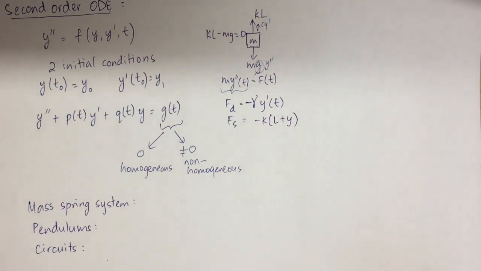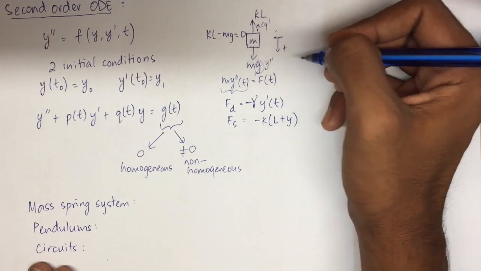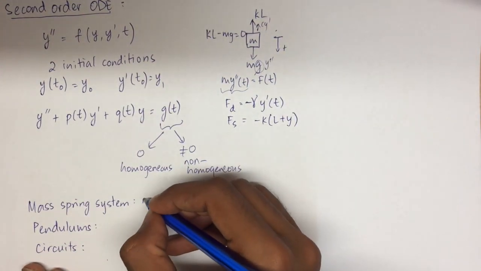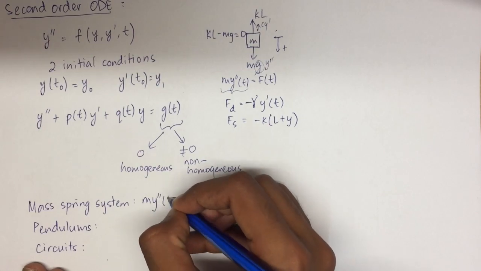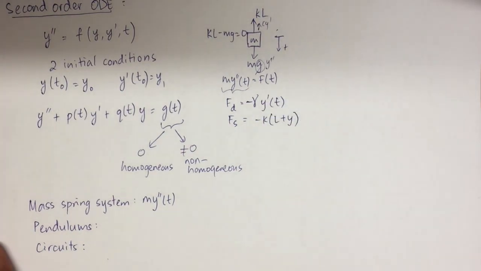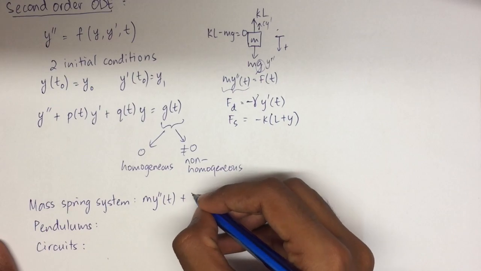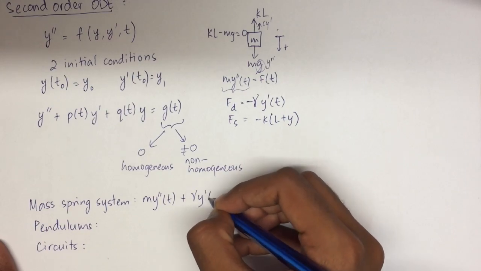I'm taking this direction as positive. After being pulled, I'm saying it's at a static position, so my damping force comes to the other side now: plus gamma times y prime of t.